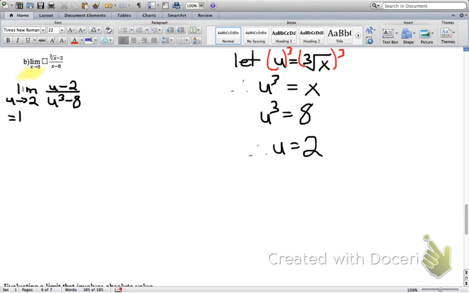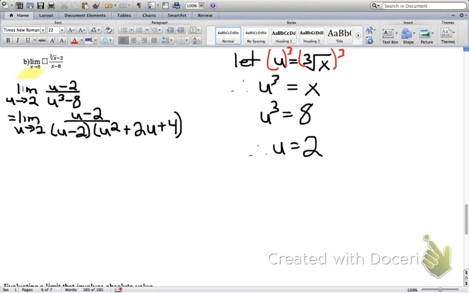So therefore, that's going to be equal to the limit as u approaches 2 of u minus 2. Now remember, from advanced functions, we have a difference of cubes. So a difference of cubes, we know that this will then be u minus 2 times u squared plus 2u plus 4.